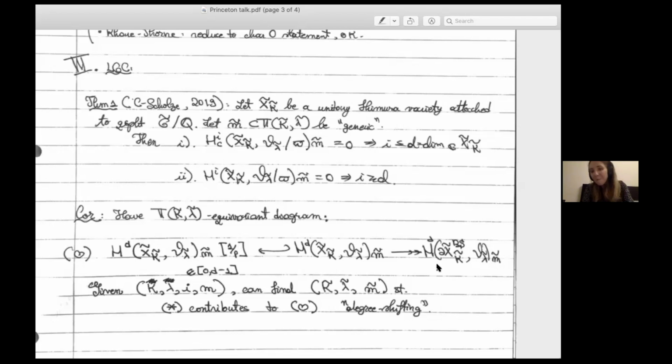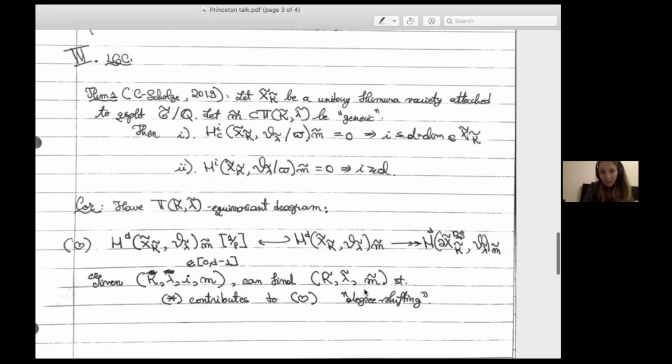And so the argument is quite tricky and involves various congruences, and you always have to do some induction and change your lambda tilde. So maybe it's a little bit imprecise in the sense that maybe you need a bunch of these rather than just one. And the whole process we call degree shifting in this 10-author paper, and we implement it in the Fontaine-Laffaille and in the ordinary case.